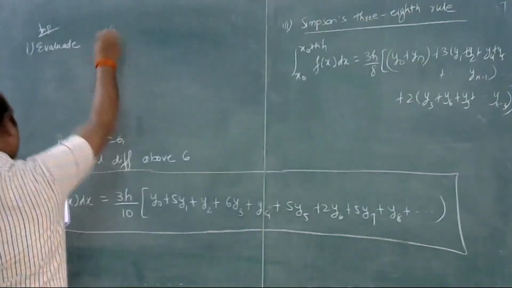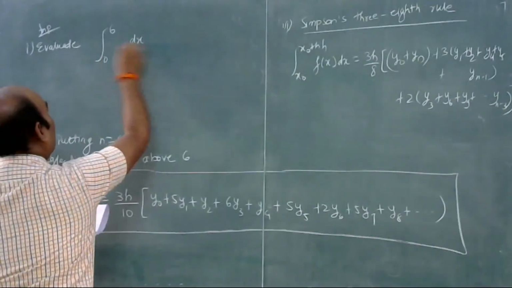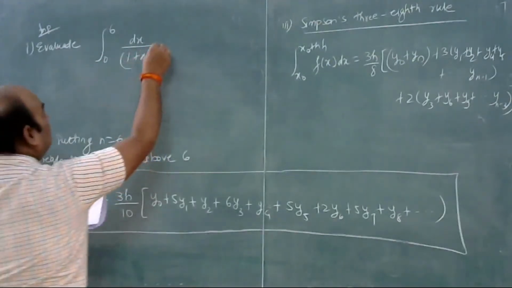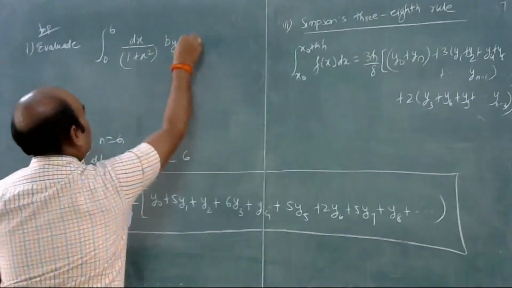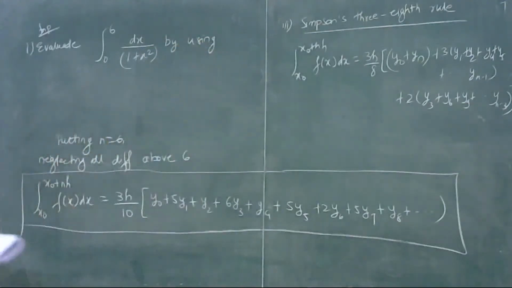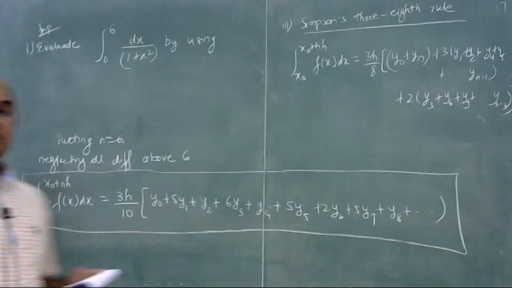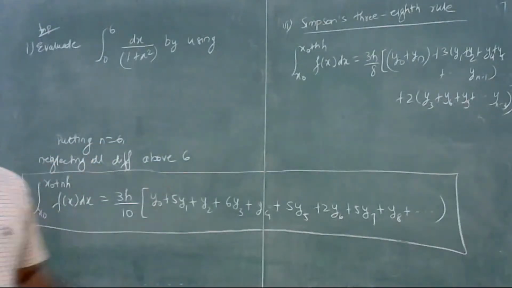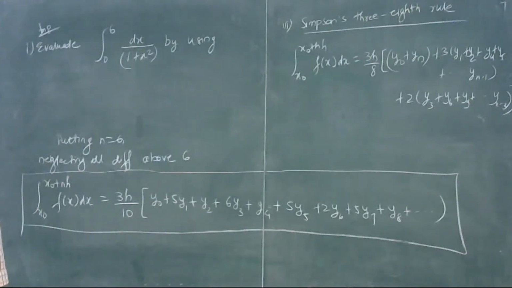You have to integrate from 0 to 6 dx upon 1 plus x squared. In a calculator you generally solve this equation, so they use these rules to calculate.